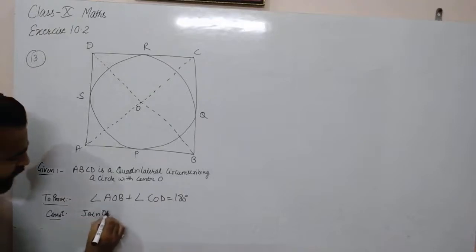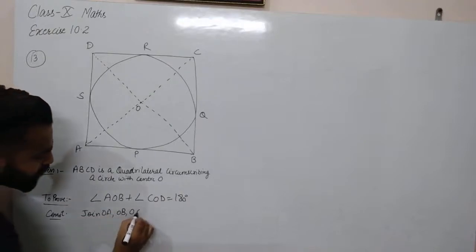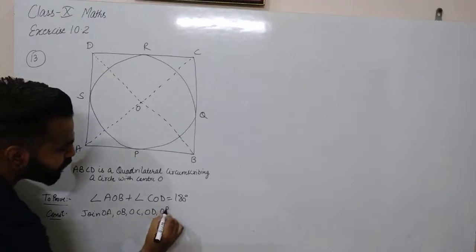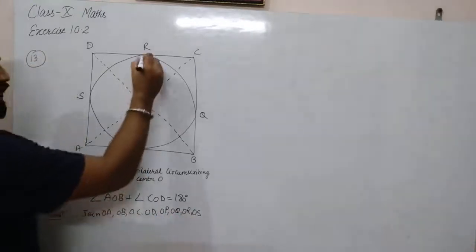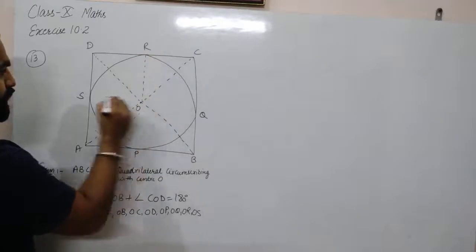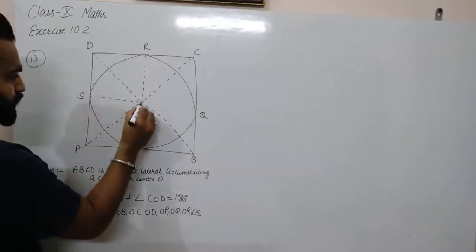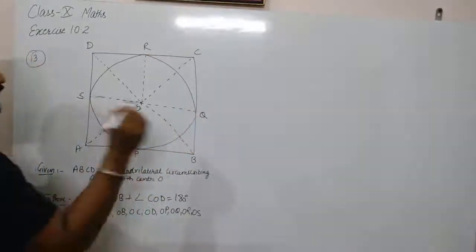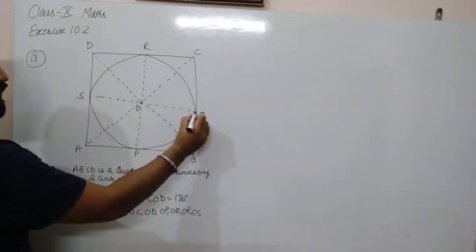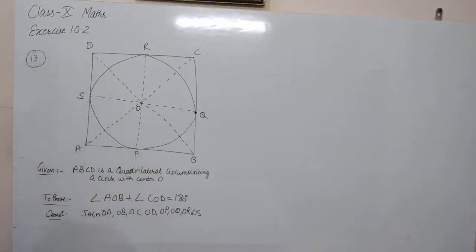So we will do construction. Join OA, OB, OC, OD, OP, OQ, OR and OS. Clear?